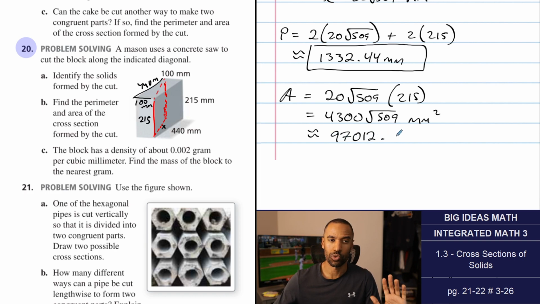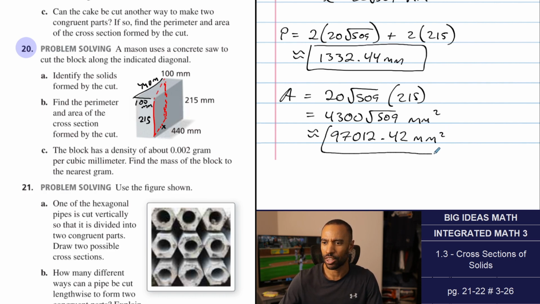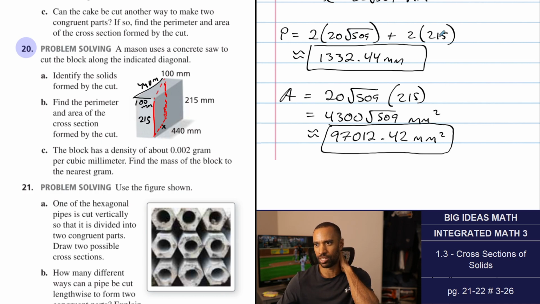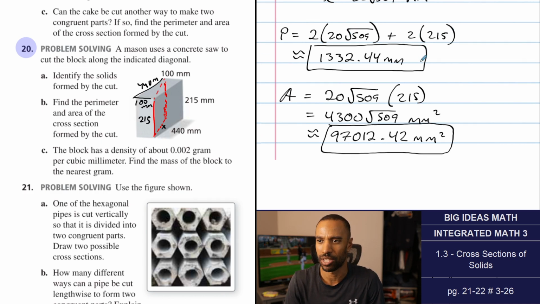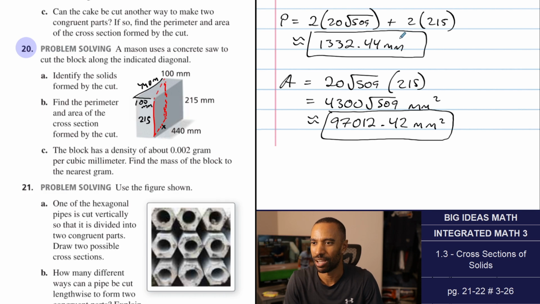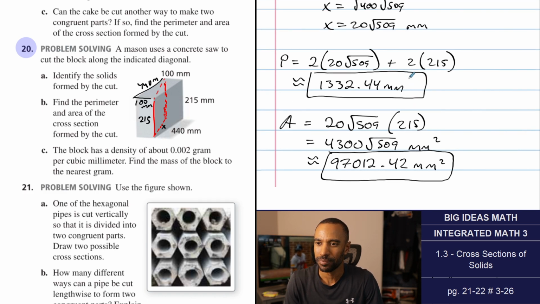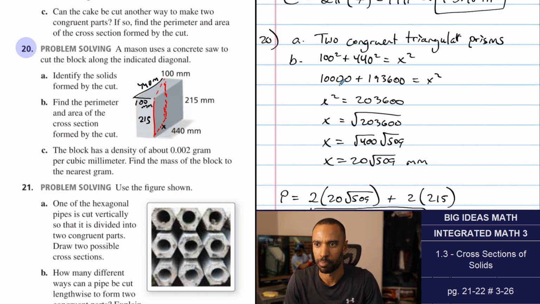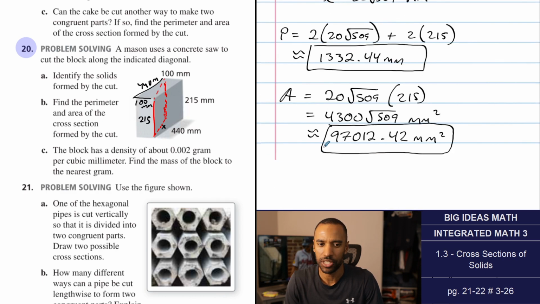I trust this one because it's a multiplication of what's there. I was looking at the other one and said, how did I get tens of thousands when these numbers were hundreds and we're adding them together? That didn't make any sense whatsoever. Now it does. There's the perimeter and area of the cross section. That is part B.